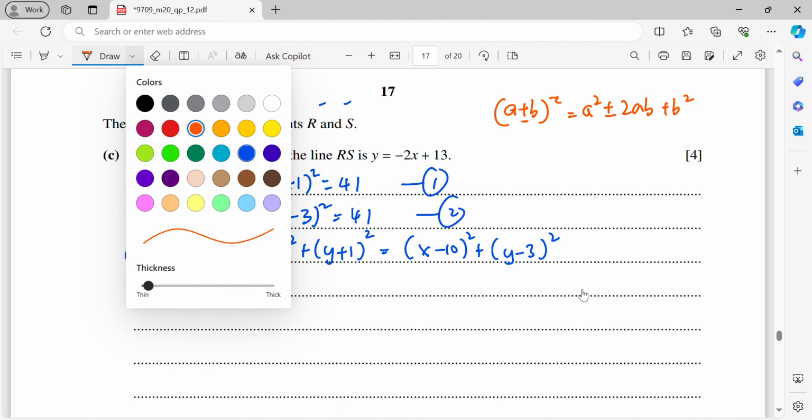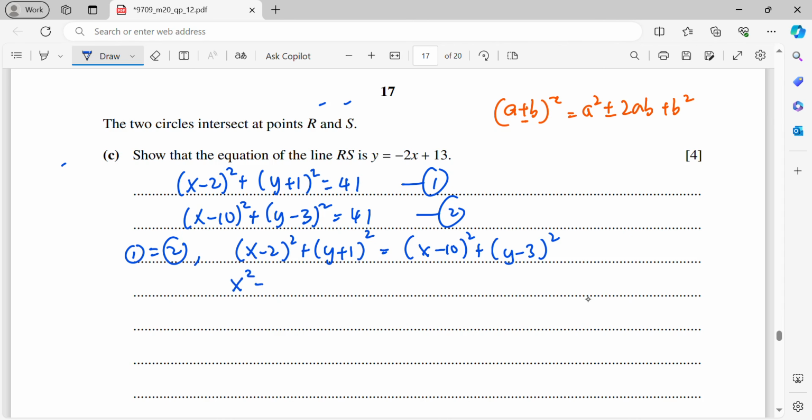Then I will get x² - 4x + 4, then plus, when you expand (y + 1)², y² + 2y + 1. Now, for the right side, you will get x² - 20x + 100. Then the square of (y - 3) is y² - 6y + 9.